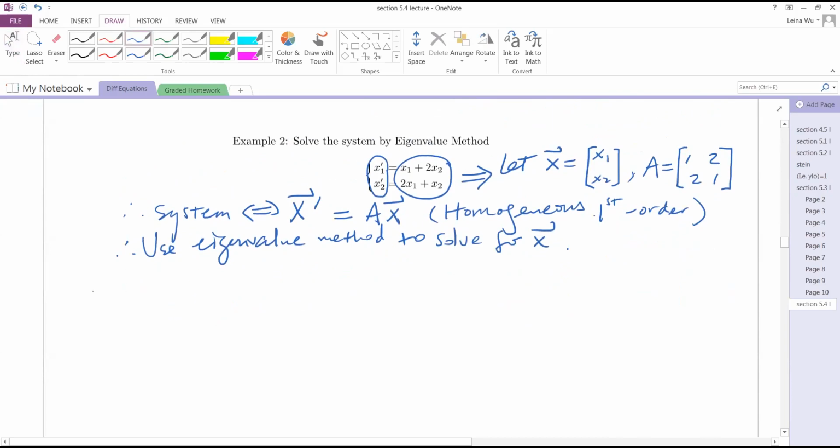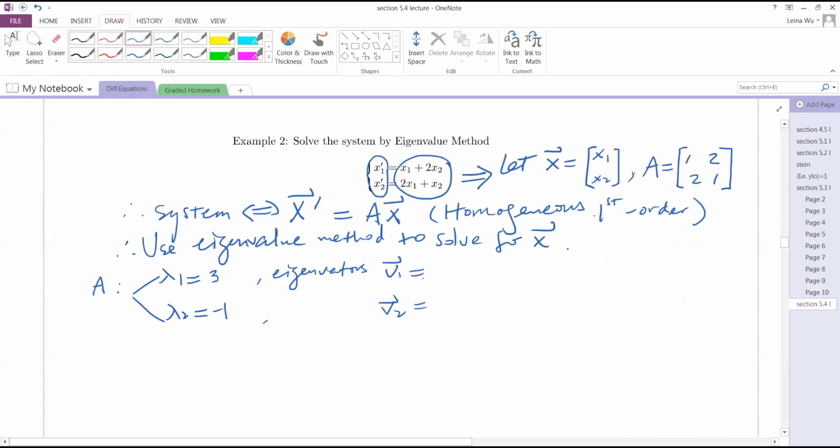So for matrix A, we've got 2 eigenvalues, lambda 1 and lambda 2. Is lambda 1 3 and lambda 2 negative 1? Yeah. And their eigenvectors, let's call them v1 and v2.